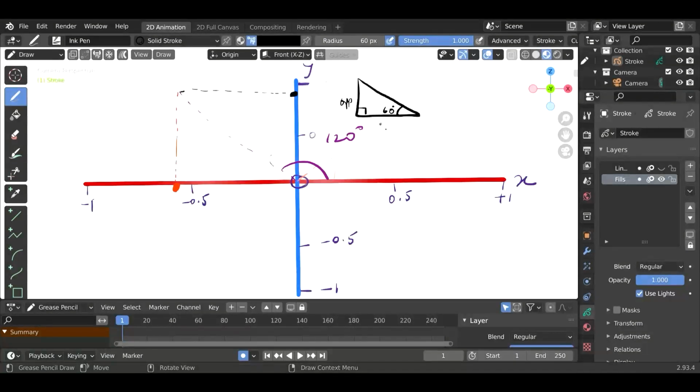And this is your adjacent, because the adjacent side and the angle in question are sitting next to each other. Adjacent means next to. So the right angle is next to the angle in question, and the angle in question is next to the right angle.